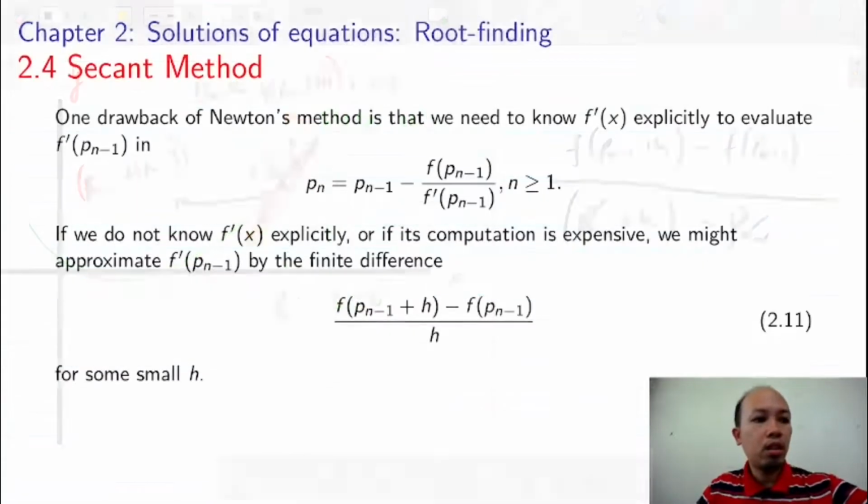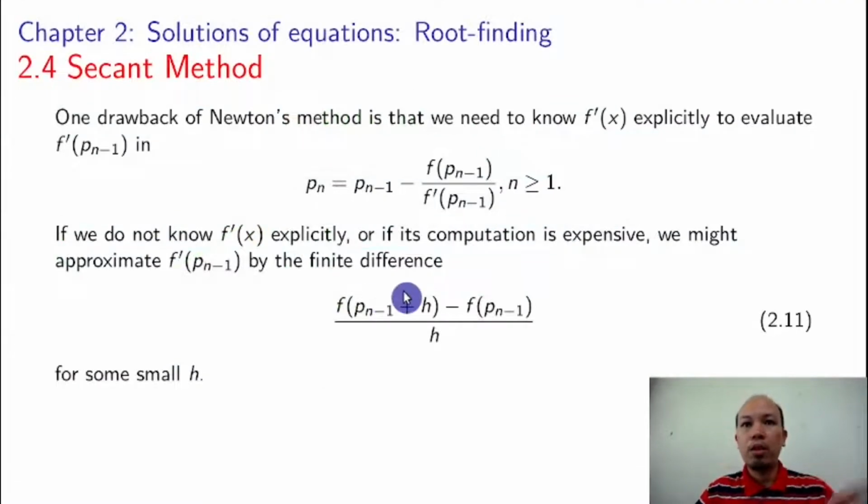If you look at our PDF, this is the approximation of the first derivative by the finite difference. This is how we get this formula, based on the graph that I have shown you on the open board, for some small h.